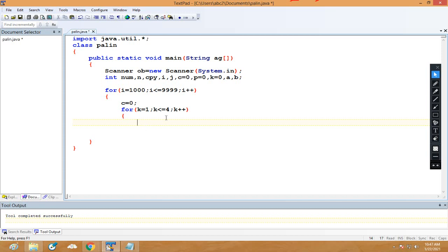The 4 times. So instead of this, k equals to 1, k is less than equals to 4, you can use the as usual loop which we were using. K is not equals to 0. And after extracting, then you can do the working of reverse, then upon 10. That is also correct. But this is also correct. Am I clear?